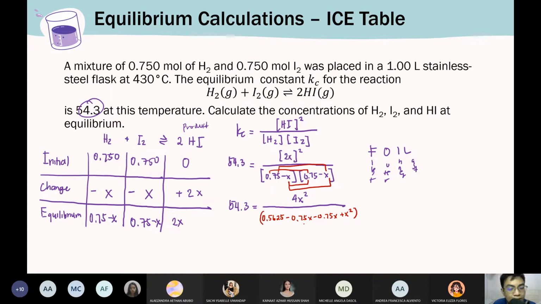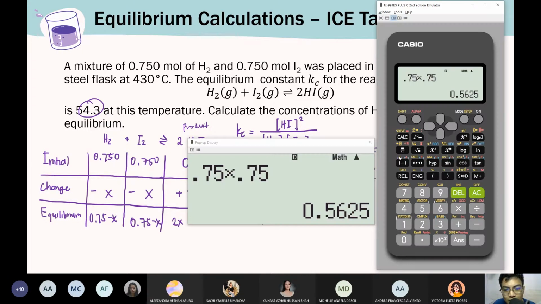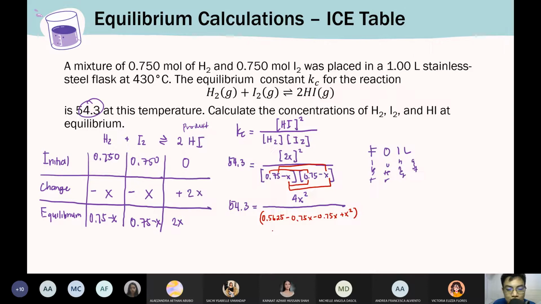Itong 0.75x na parehas, pagsasamahin ko na ha. Negative 0.75x minus 0.75x. Ano sagot? Negative 0.75 minus 0.75. So 1.5. Negative 1.5. Pagsasamahin ko na ha. Okay, ayan.